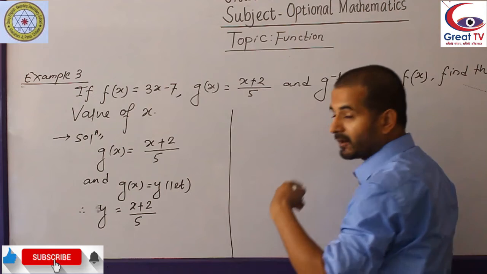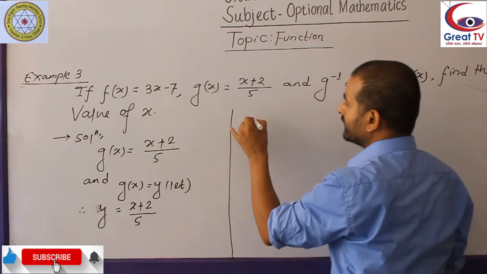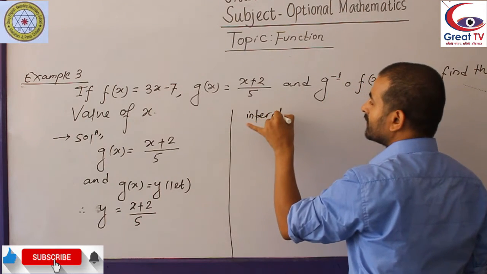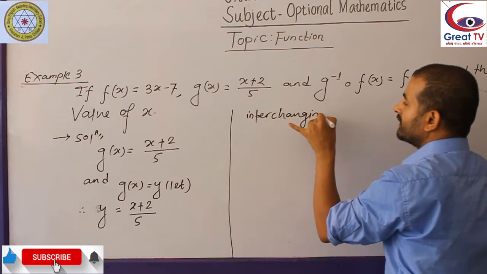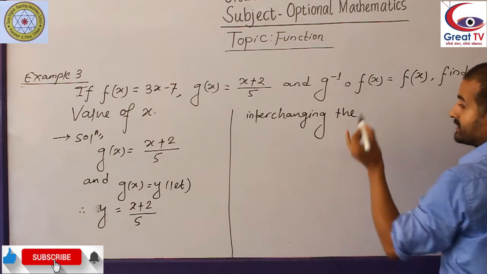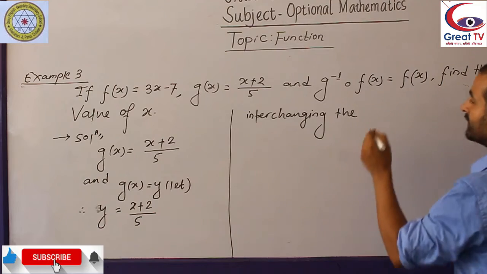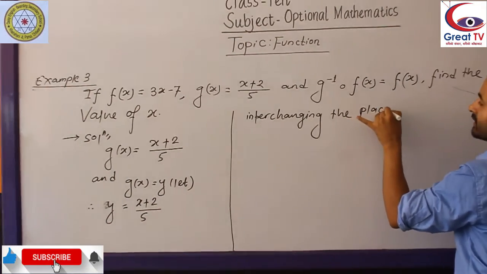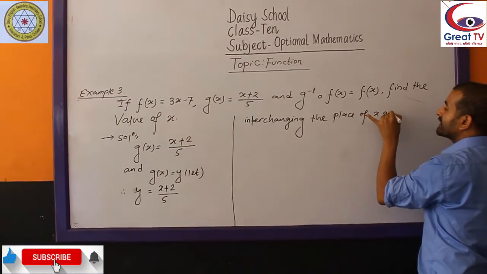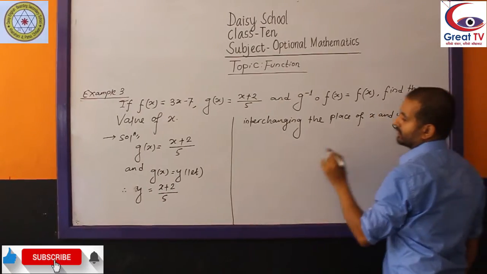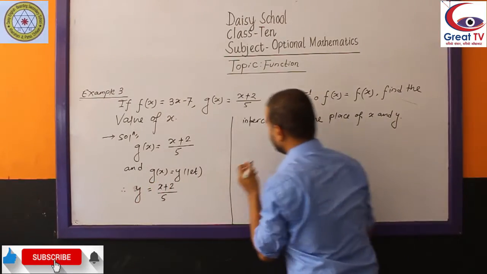Now what we did for the inverse, please don't forget, interchanging the role, the place, whatever you want to call it, of x and y. Now what do we get by interchanging?